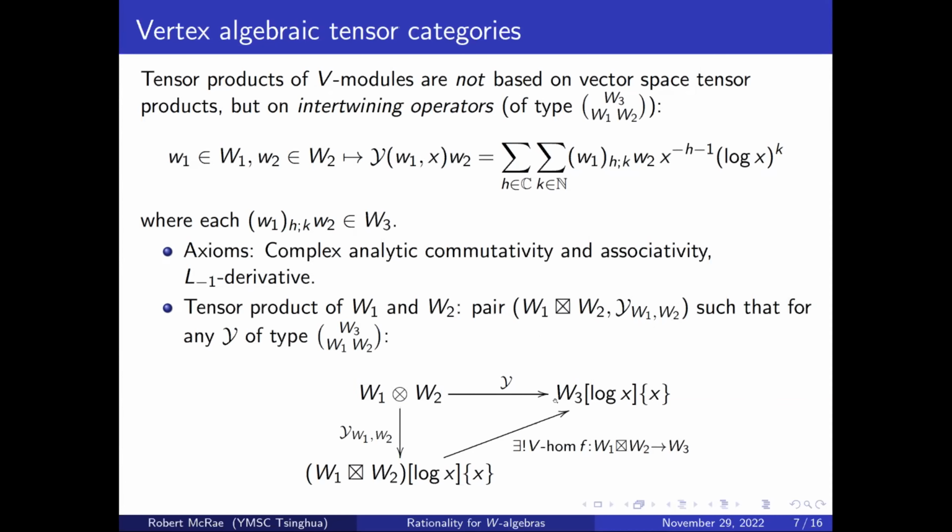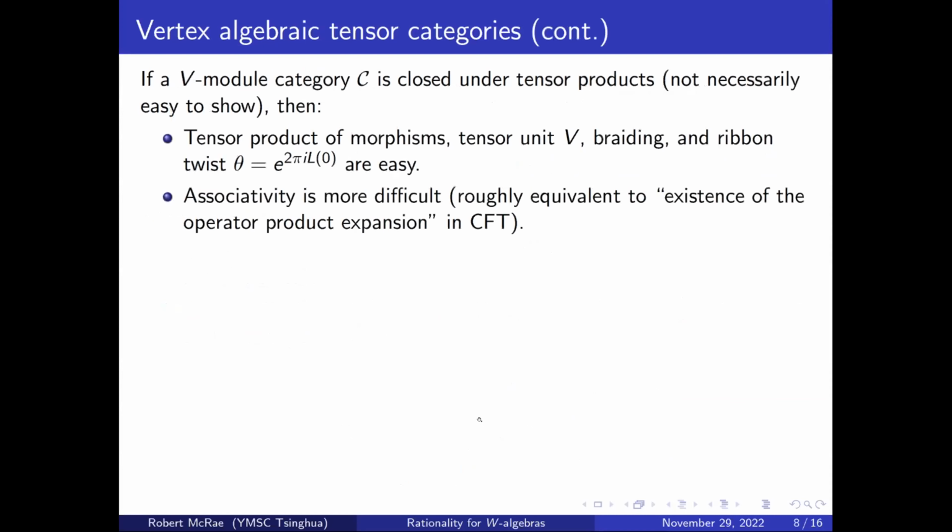For any intertwining operator going into a third module, W3, it should factor through this tensor product module. There should be a unique V-module homomorphism coming from the tensor product going into the third module. So this would be similar to the definition of tensor product of vector spaces using bilinear maps. So here we use intertwining operators and a universal property.